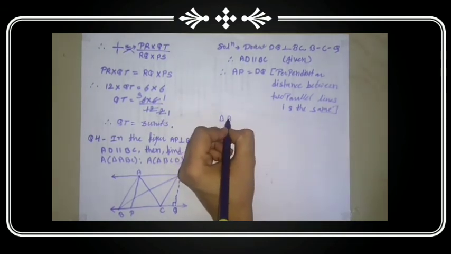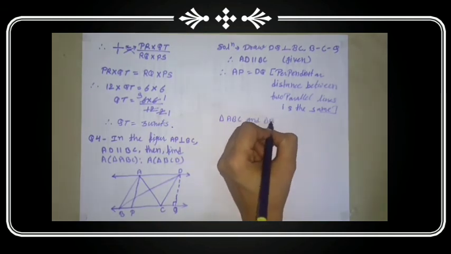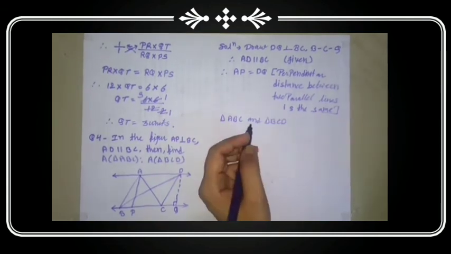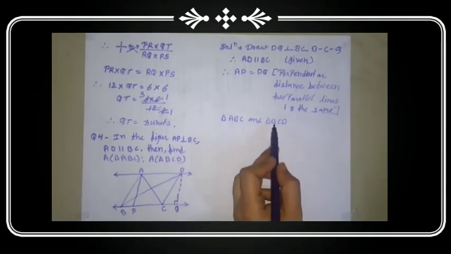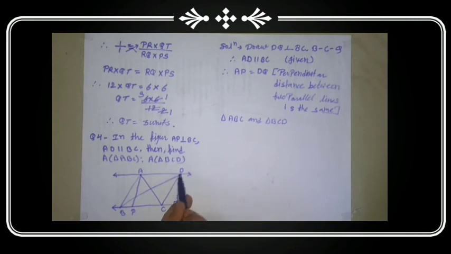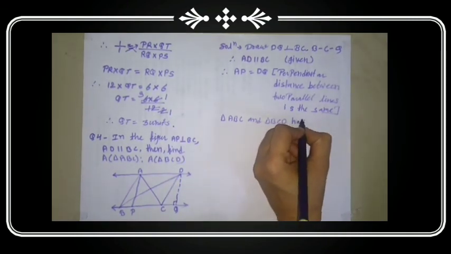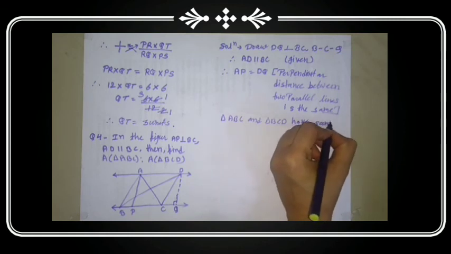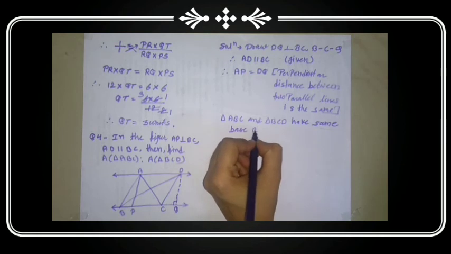Triangle ABC and triangle BCD have the same base BC.